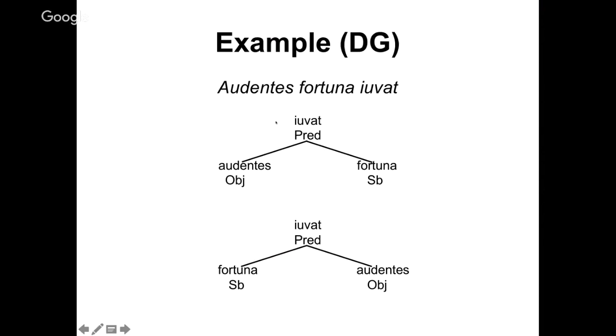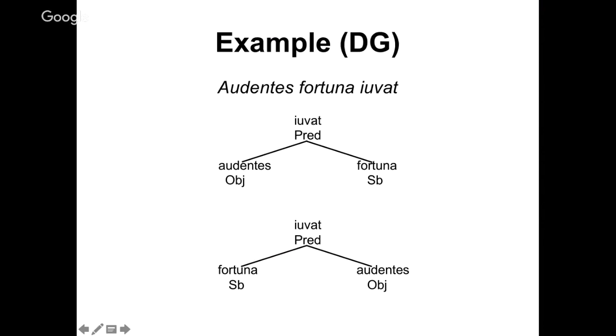What is important is that in dependency grammar, predicates are more important than their complements. Predicates are the heads of the sentences or the clauses of a sentence. So here you have that the predicate iuvat has two complements, audentes and fortuna, and these complements are marked with dependency relation labels like SB, subject, and OBJ, object.